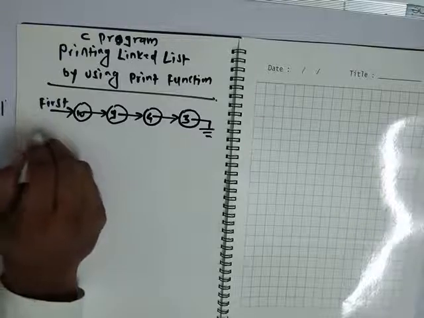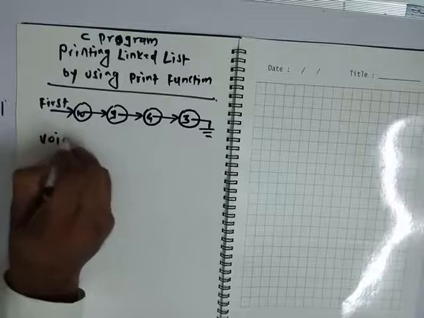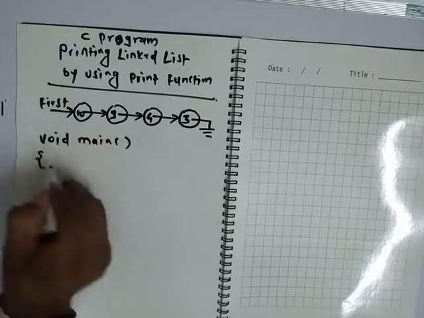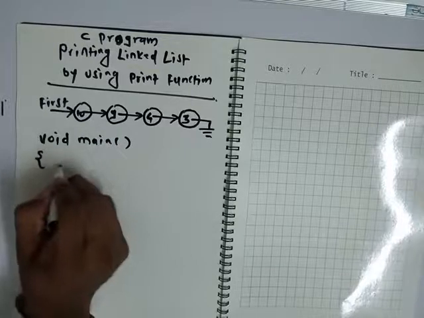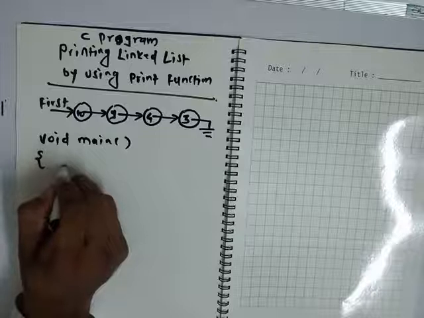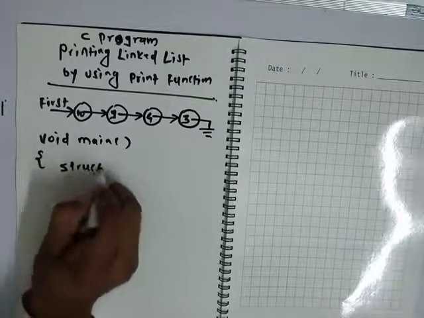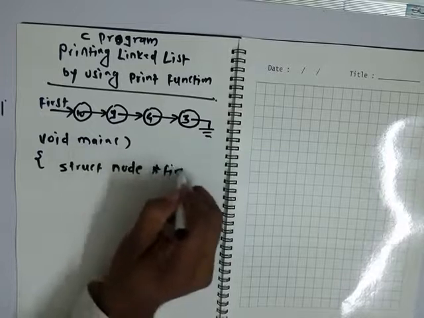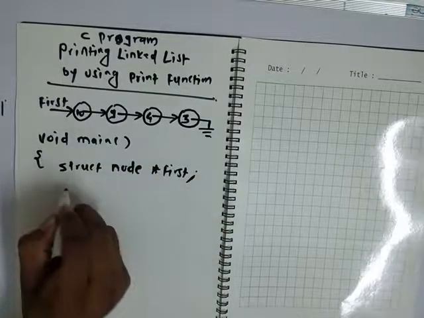So here is our main function, void main. Inside main, I have this first pointer, struct node first, and a few other things.